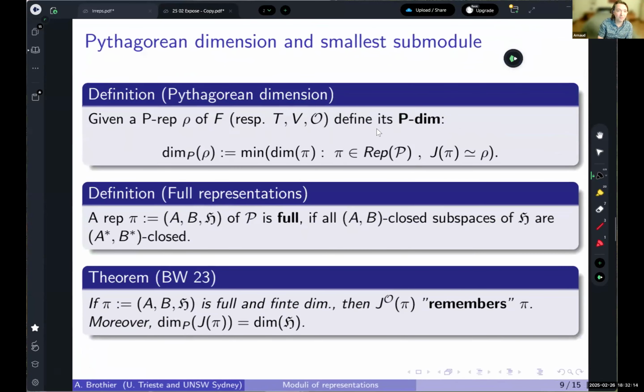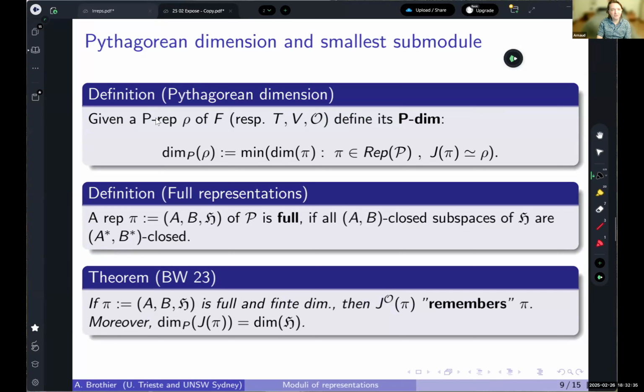Yeah, so what about higher dimension? Here, I didn't say it, but if you want to classify representations, as I was saying before, for the Cuntz algebra and Thomson's group, everything is infinite dimensional or one dimensional.